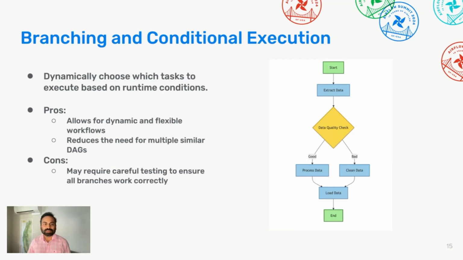One of the cons of this is that if we introduce too many branches, it can easily add complexity to the DAG. We can end up with dead paths, which are not being used in the DAG, and can increase complexity. So it's one thing to be aware of.